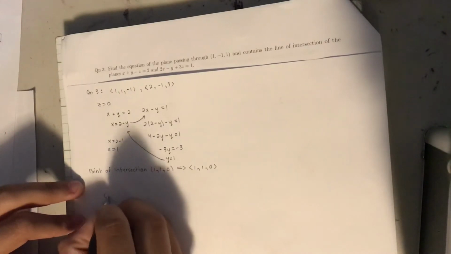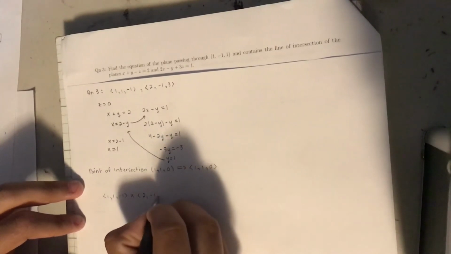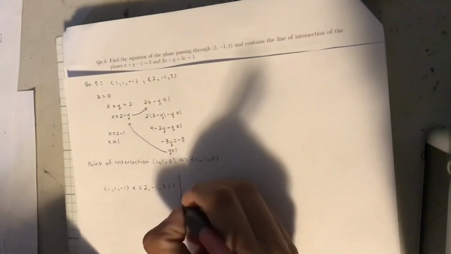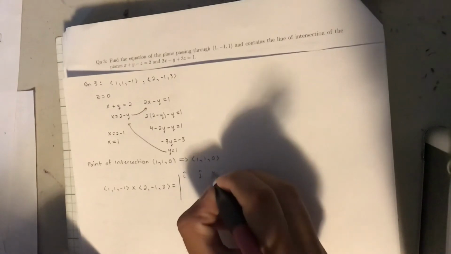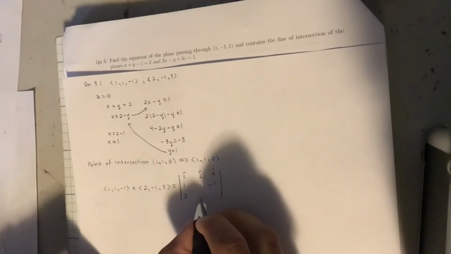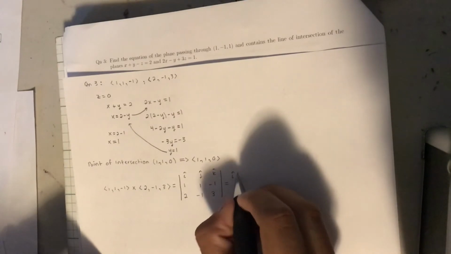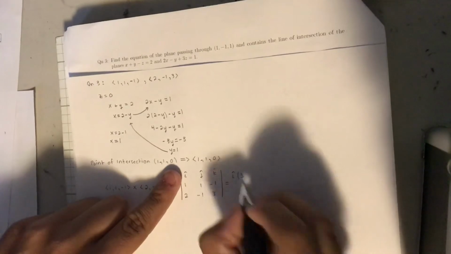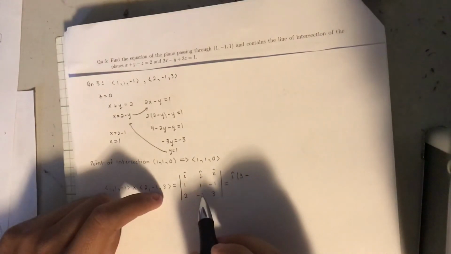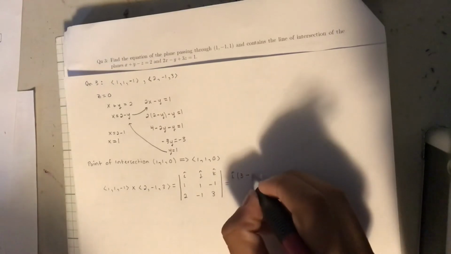So we take the cross product of (1, 1, -1) with (2, -1, 3). For i, we have 1 times 3, which is 3, minus -1 times -1, which is +1, so 2.